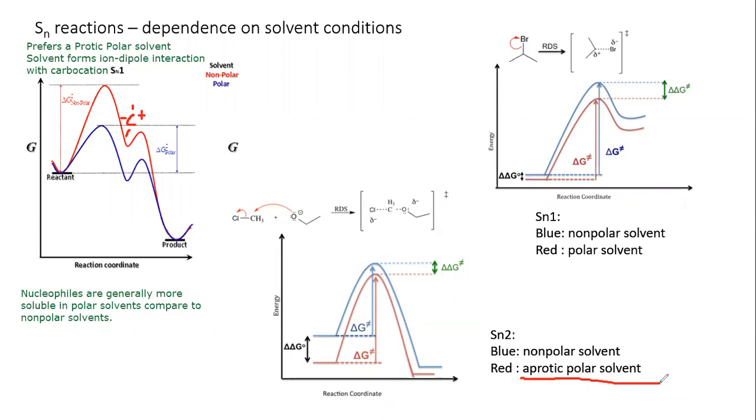So again, with SN2, we prefer aprotic polar solvents because if we use a protic polar solvent, it may interfere with the nucleophile. And we don't want it to interfere with the nucleophile because, again, in SN2 reactions, as the leaving group is leaving, the nucleophile is attacking. And now if you have a protic polar solvent, it's going to interfere with that. So we prefer an aprotic polar solvent.